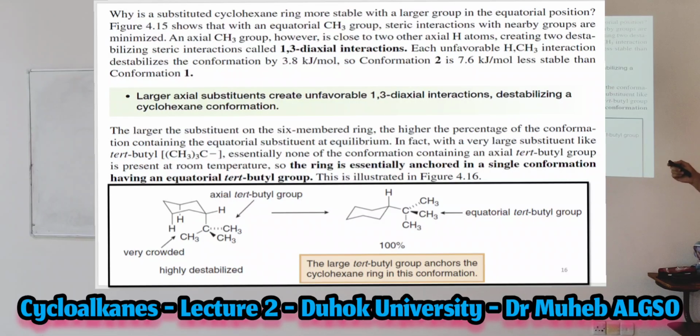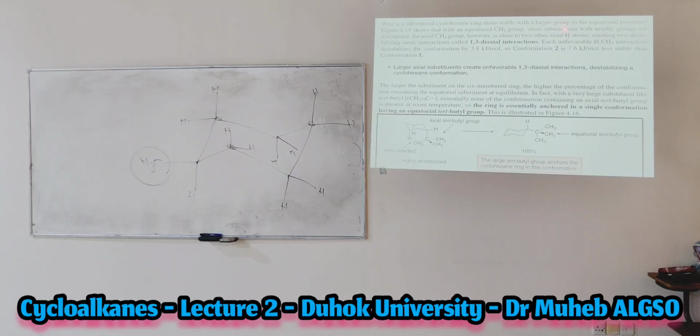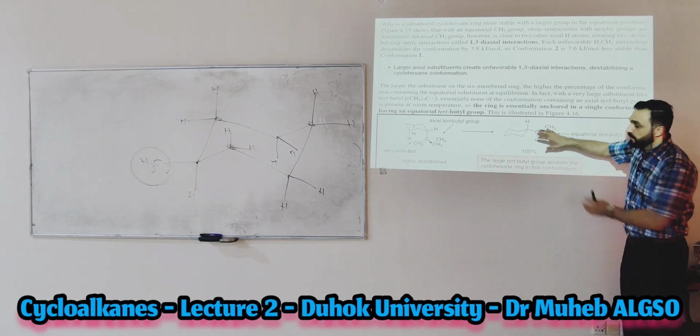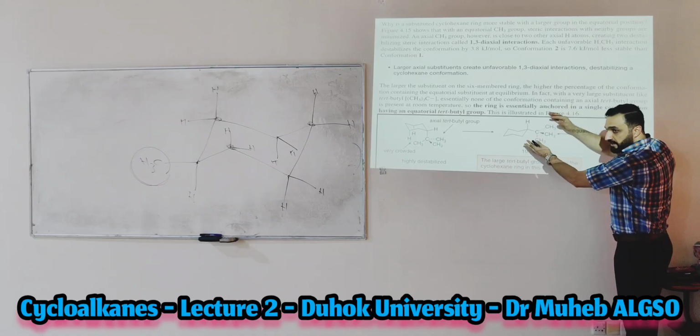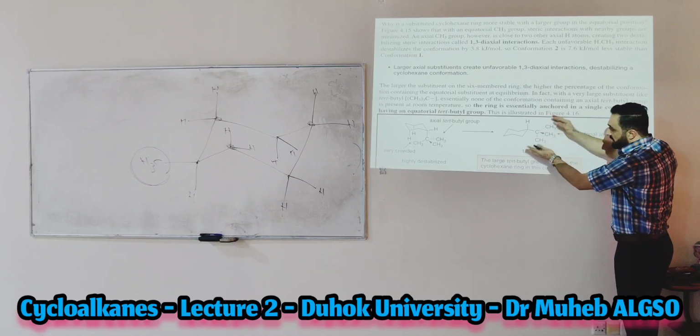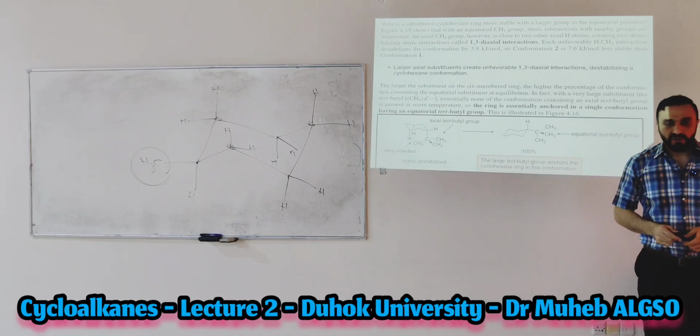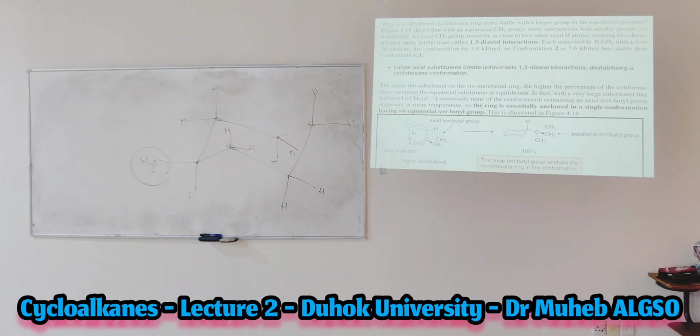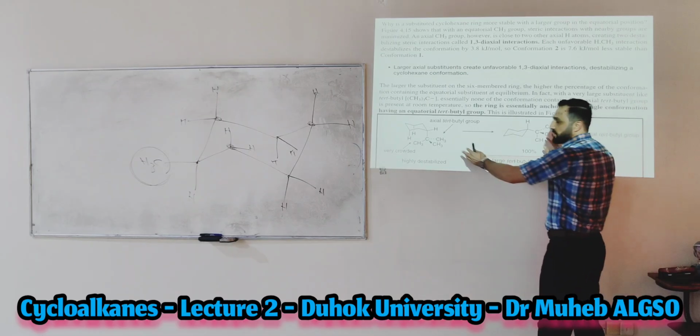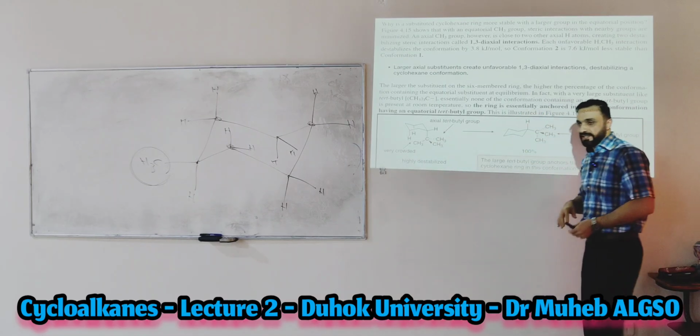Now, why is the substituted cyclohexane ring more stable with the larger group in the equatorial position? If we change, as I told you, not methyl, but a bigger bulky alkyl group, what will happen? Is there flipping here? Yes, the flip can happen, and the two possible chair forms will be found here.